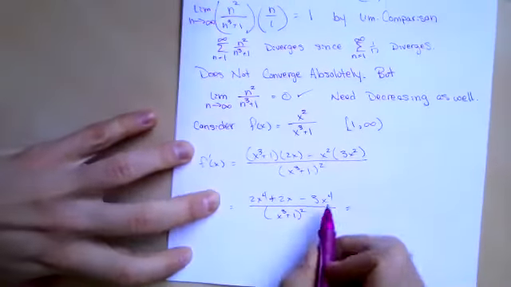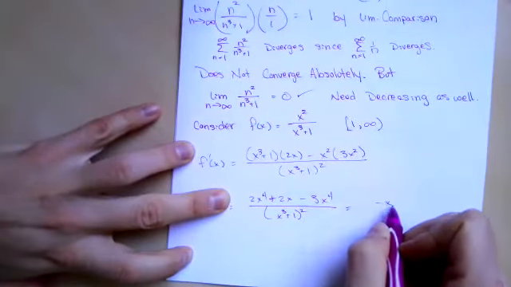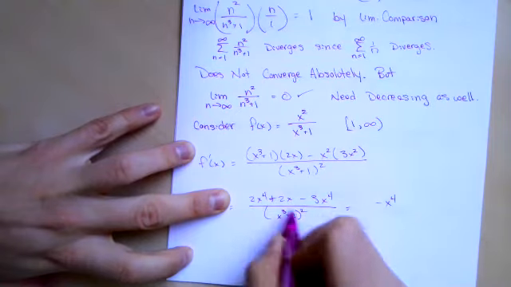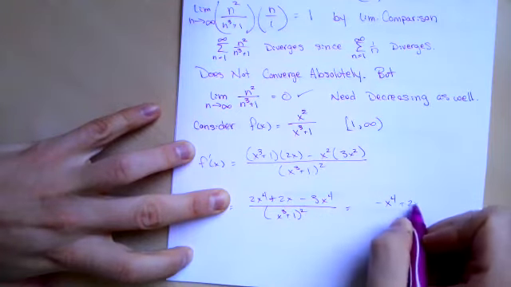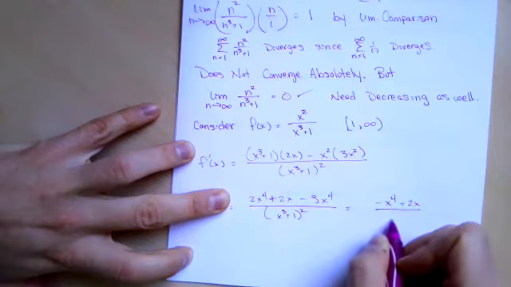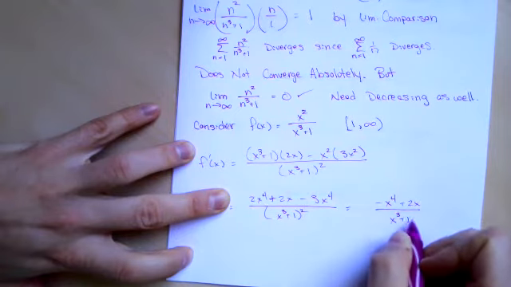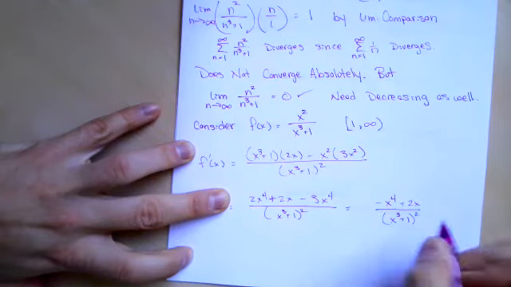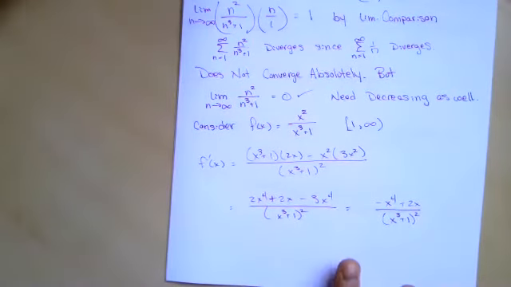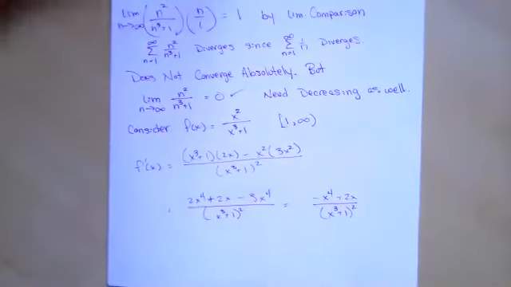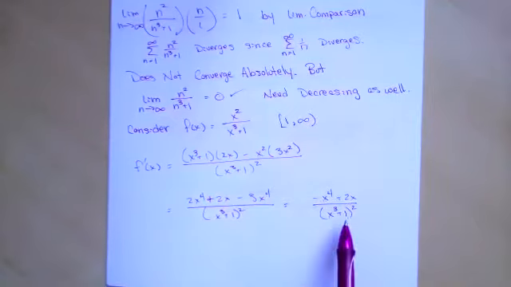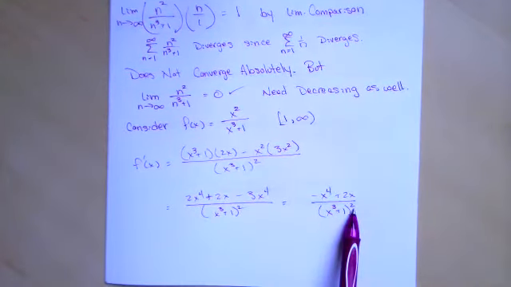And so what are we going to get? We're going to get minus x to the 4th plus 2x over x cubed plus 1, squared, excuse me. The nice thing about the denominator, and anytime you have to do a quotient rule, it's always positive.